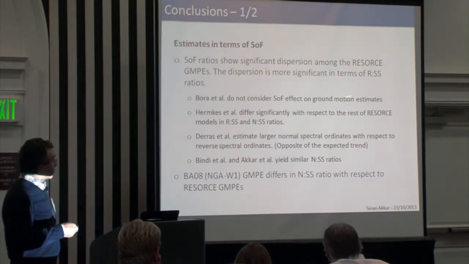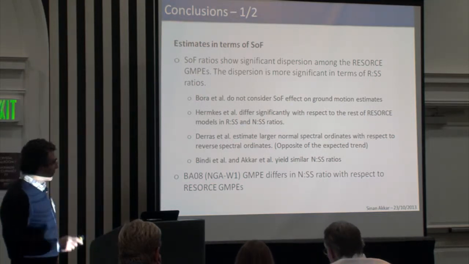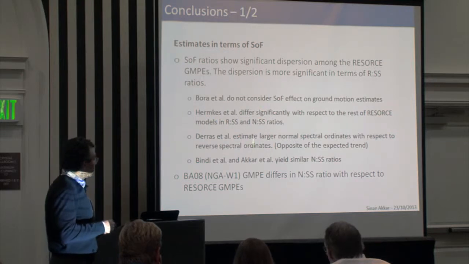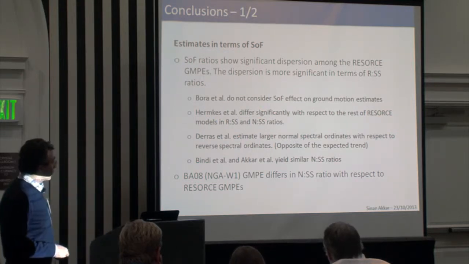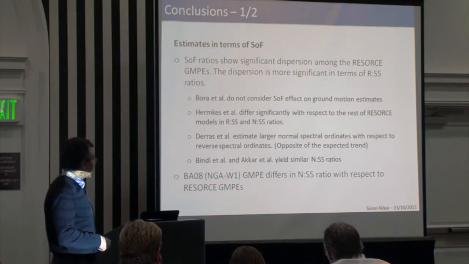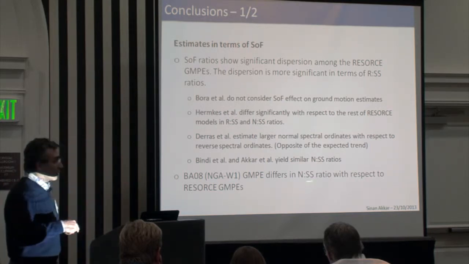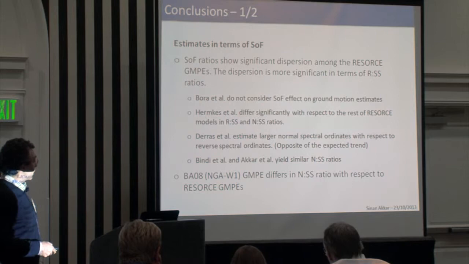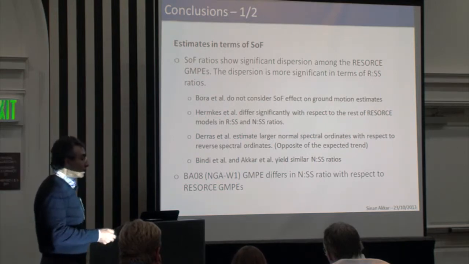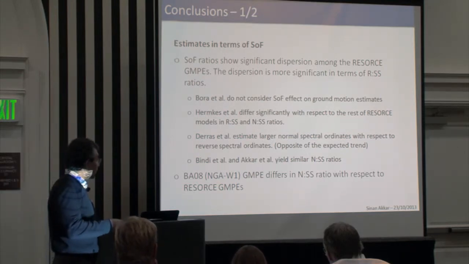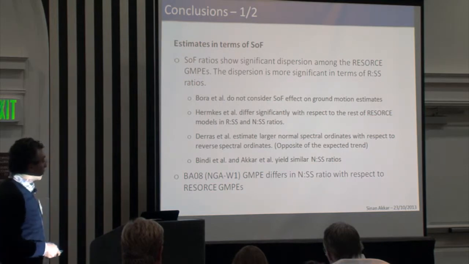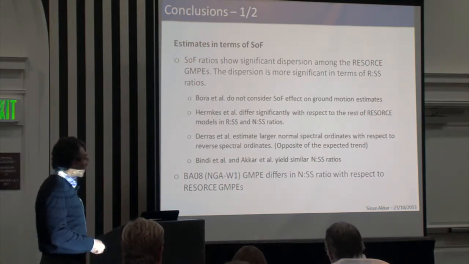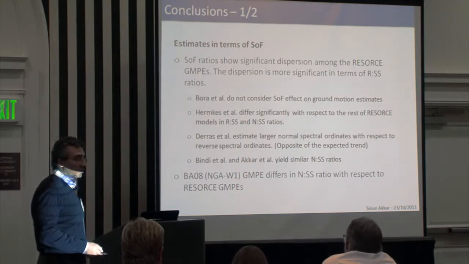Bora et al. do not consider style of faulting effect, they just neglect it. Hermkes et al. differ significantly with respect to the rest of RESORCE models in reverse to strike slip and normal to strike slip ratios. Derras et al. estimate larger normal spectral ordinates with respect to reverse spectral ordinates, which is just the opposite of the expected trend.